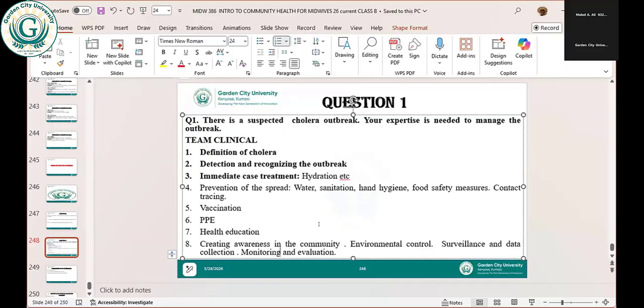There is a suspected outbreak of cholera, and your expertise is needed to manage the outbreak, and you are defining cholera. Why? Then you come to detect and recognize the outbreak. You come to detect and recognize.